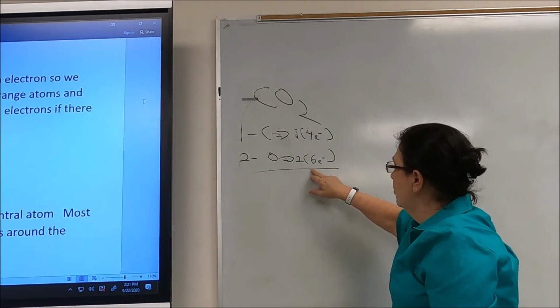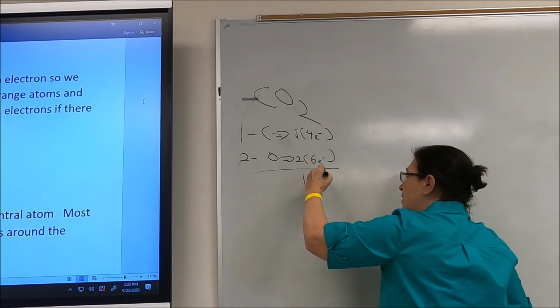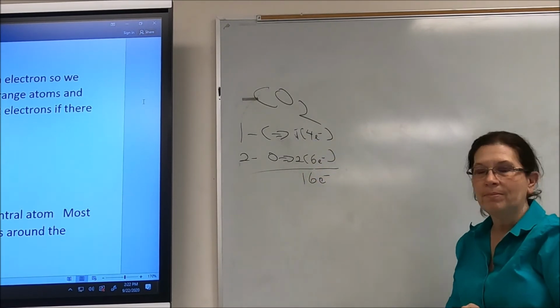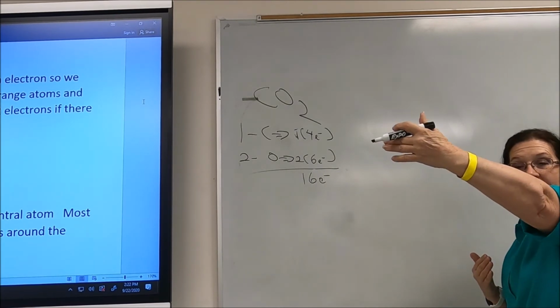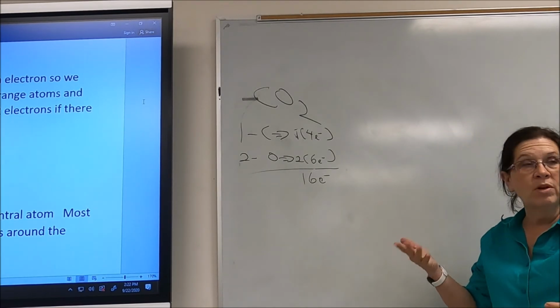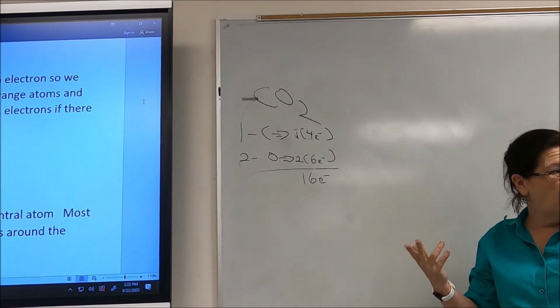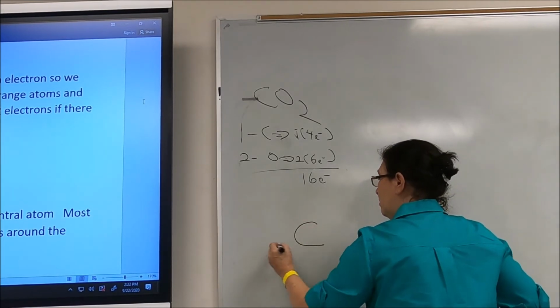So that's 2 times 6 is 12 plus 4, 16 electrons. Okay, between carbon and oxygen, carbon is further to the left on the periodic table. Carbon wants to make 4 bonds, oxygen only wants to make 2. So carbon's going to go in the middle.